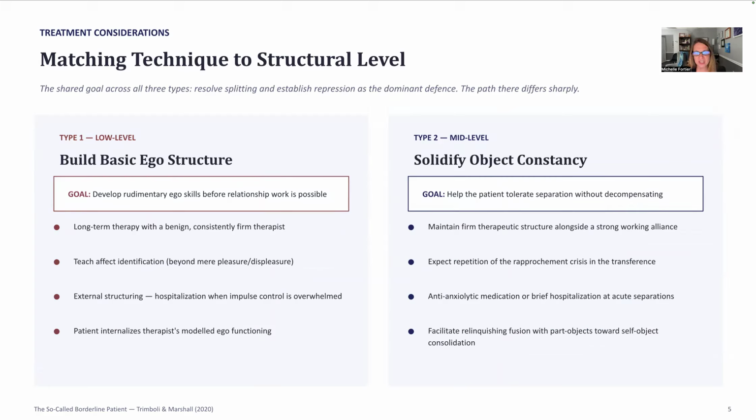Teach affect identification beyond mere pleasure and displeasure, so being able to identify what people are thinking and feeling. External structuring, hospitalization when impulse control is overwhelmed. And the patient internalizes therapist-modeled ego functioning. So the therapist acts as a role model for how to do things, how to be a person.